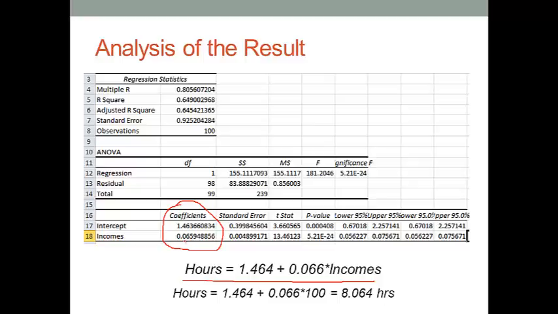The reason I use 0.066 times incomes is the report tells me to do that. The coefficient for incomes is 0.066, rounded. Basically, we build the mathematical relationship between incomes and hours based on the coefficient report.